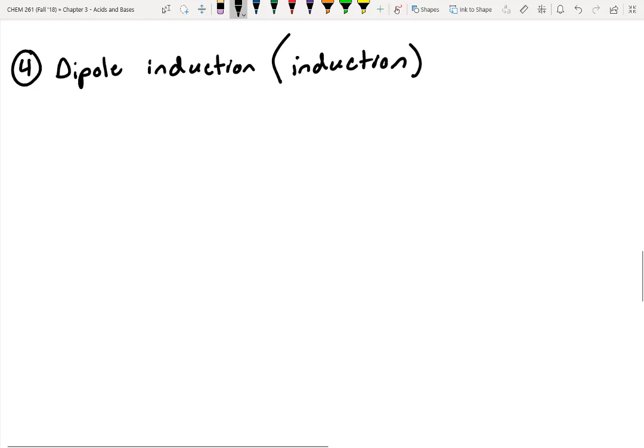There we go. So it's often referred to as dipole induction or induction. Basically what this means is that it's pulling electron density through multiple sigma bonds. So let's take an example. Let's consider this example of ethanol versus perfluorinated ethanol.